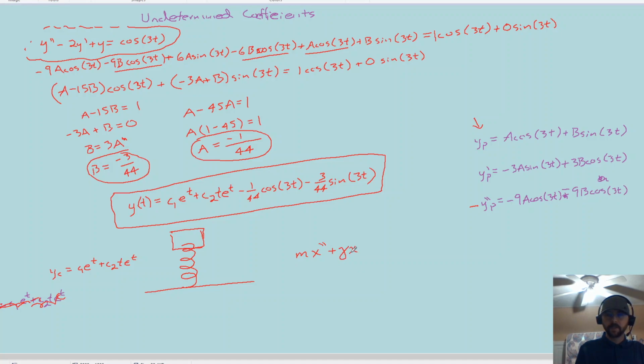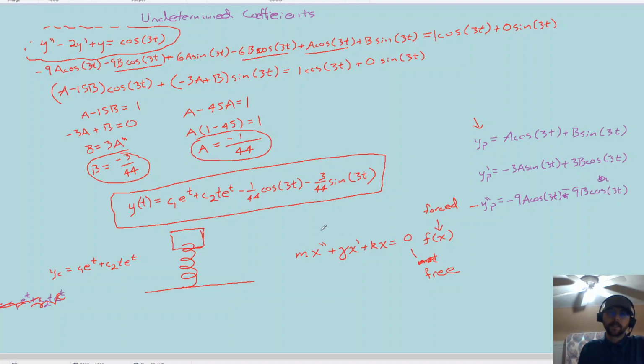Gamma times the first derivative of the position plus k times the position equals, and then this is either going to be 0 or f of x. If it's f of x, it's considered forced. If it's 0, it's considered not forced, or free. Free is what they call it.